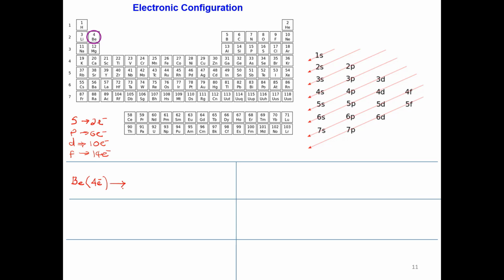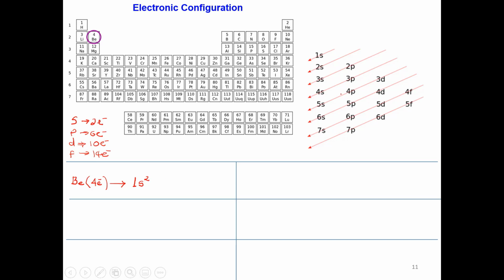Then we will write the electronic configuration, following the direction of the arrows. We start from here. We move down to 1s, and we know s holds up to 2 electrons, so 1s2.